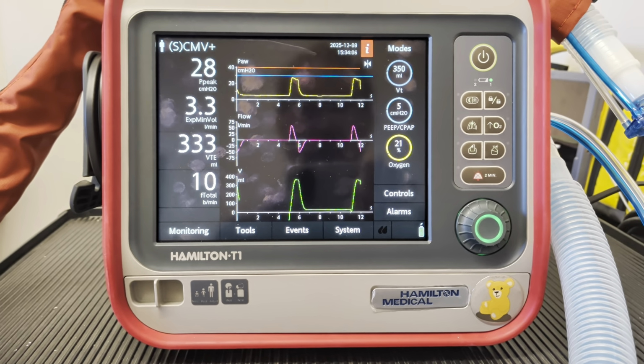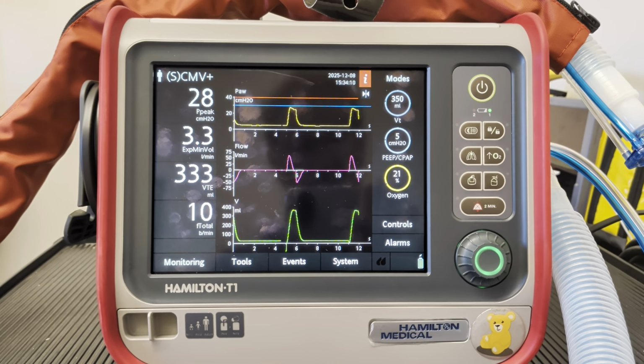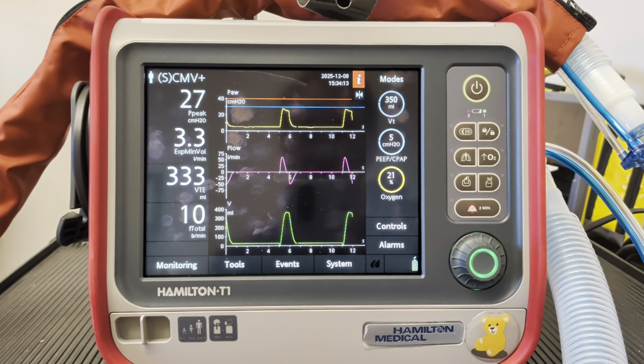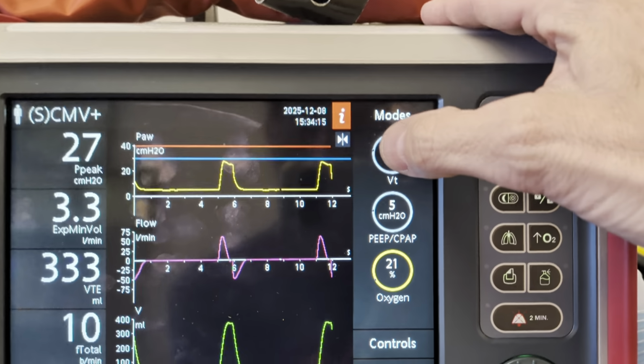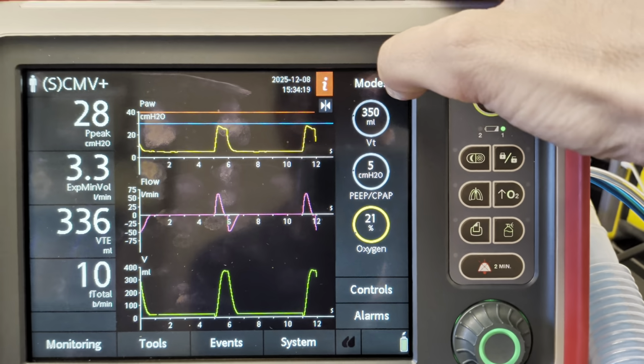Well, the primary ways of increasing mean airway pressure are to do anything that will increase overall pressures in the airways. So increasing the tidal volume in your volume control ventilation.